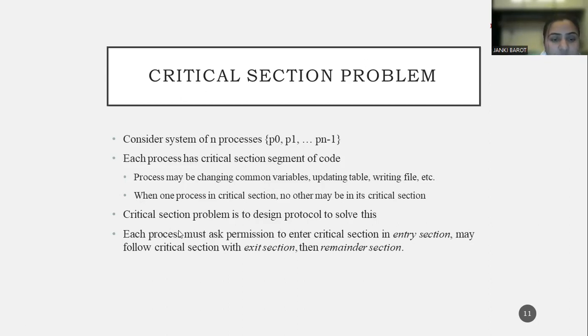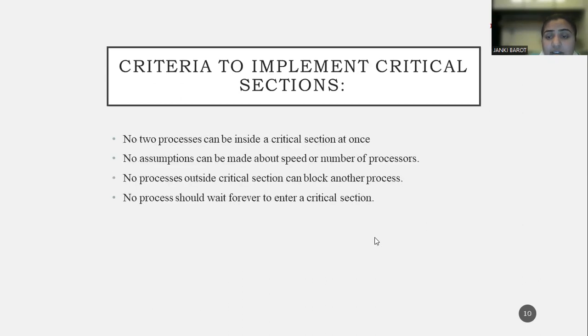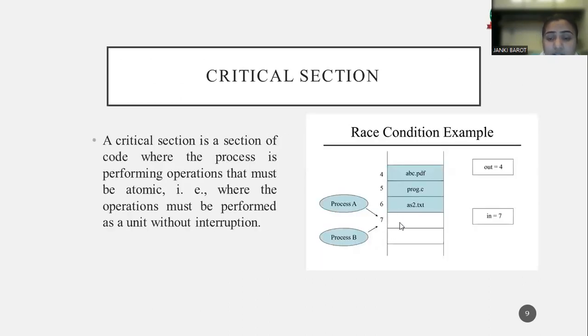Each process must ask permission to enter the critical section, right? Earlier we saw that process A will first come and occupy this memory segment, but process B also has a command to go to this segment and execute it. So what will happen?